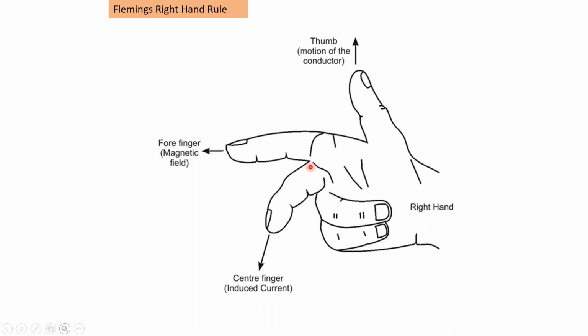If the forefinger, that is your index finger, indicates the direction of magnetic field and the thumb indicates the direction of motion of the conductor, then the central finger, which is the middle finger, indicates the direction of induced current.